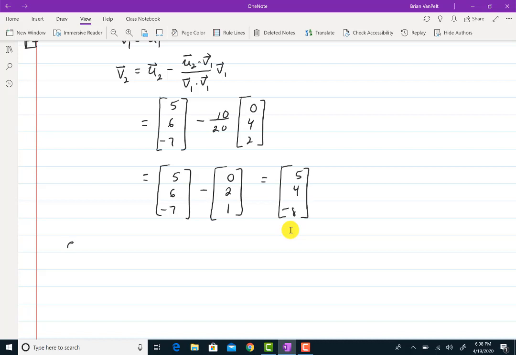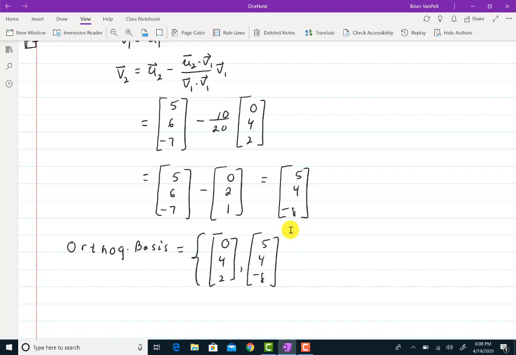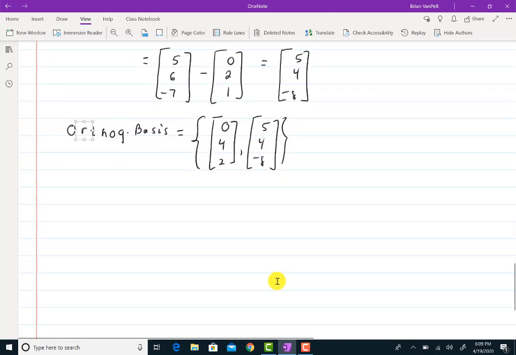And so our orthogonal basis: we keep u1, but then we throw out u2 and exchange it for v2, 5, 4, negative 8. As a quick check, just ensure that they are orthogonal. 4 times 4 is 16, 2 times negative 8 is negative 16. You can see that they will cancel each other out.